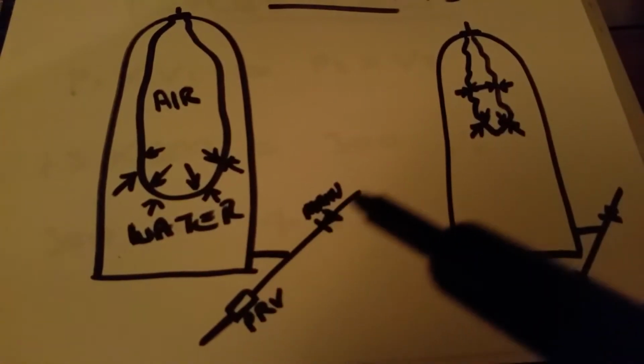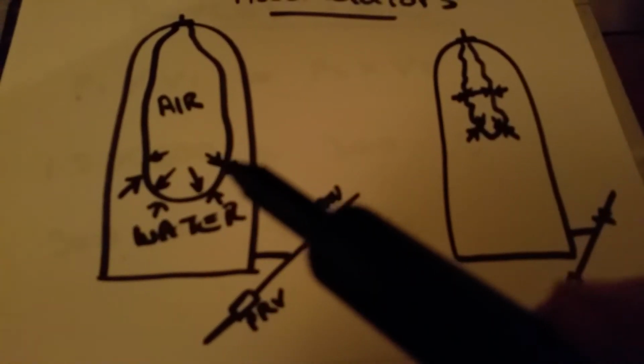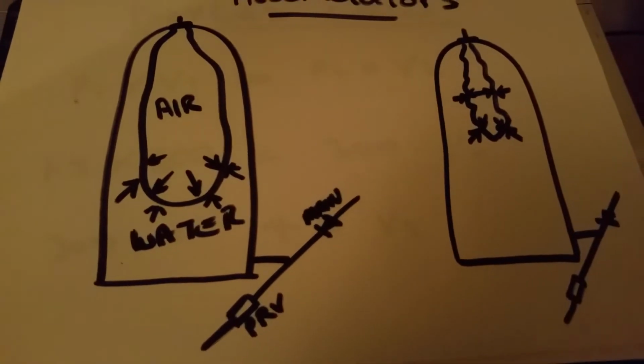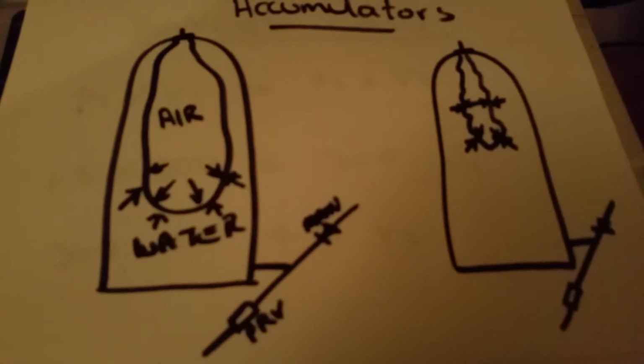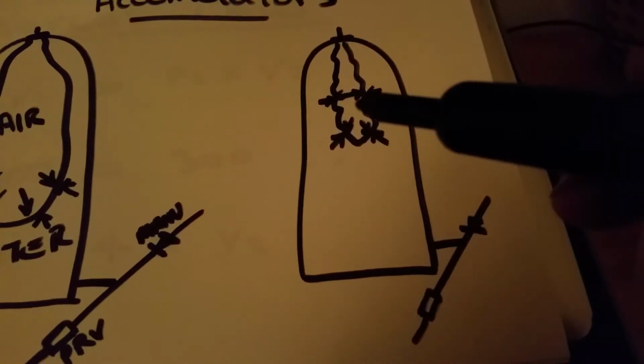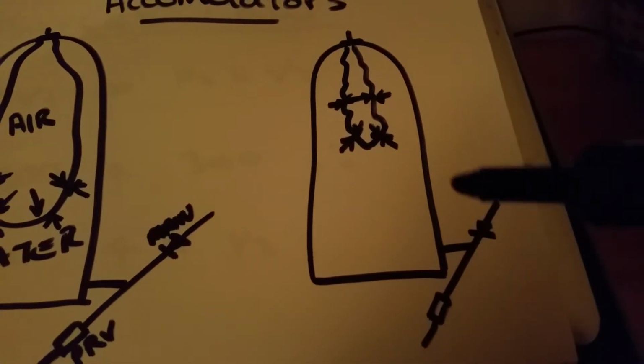This will actually overcome that incoming restricted pipework and allow us to size the pipework from the accumulator onwards down the pipeline, so we can get better flows and better use of our plumbing system in the house. This picture is just an example here of the bag being further deflated with more water in the vessel.